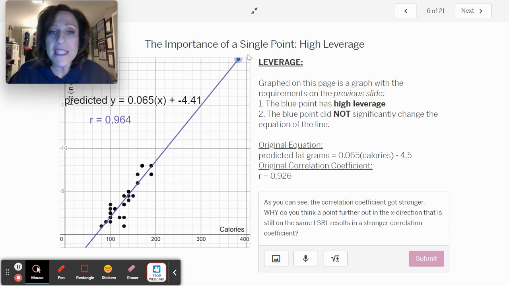So now I have a larger domain for which I know this linear relationship is happening, therefore, a stronger linear relationship.